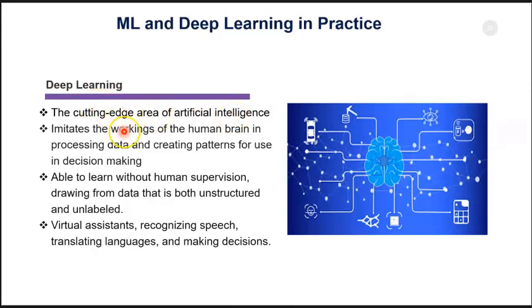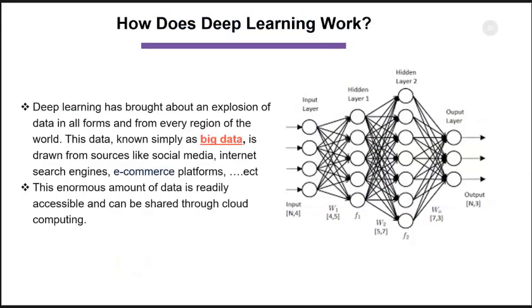Deep learning is a cutting-edge area of artificial intelligence, and it imitates the workings of the human brain in processing data and creating patterns for use in decision making. It can also be called a virtual assistant, recognizing speech, translating languages, and making decisions. How does it work?